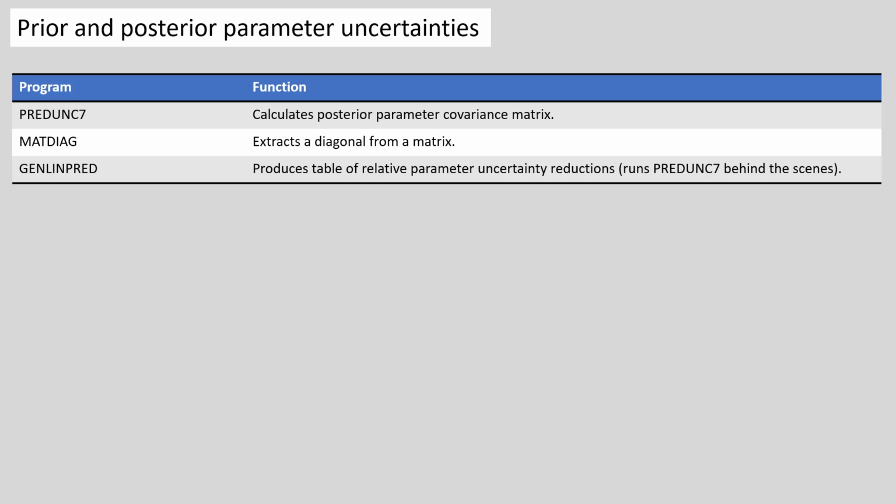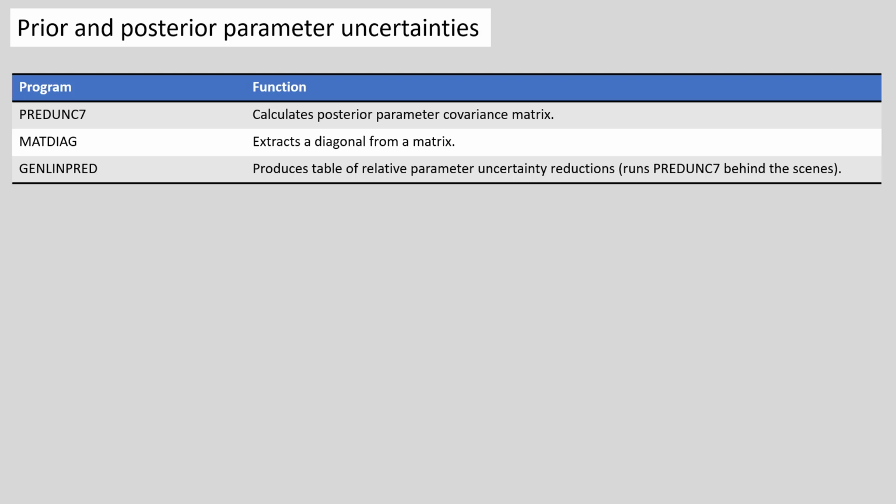Predunc7 reads a PEST control file and a JCO, a Jacobian matrix file, as well as the user-prepared prior parameter uncertainty file, which we described earlier. From those three files, Predunc7 obtains the matrices which we have described. It then writes a posterior parameter uncertainty file. Well, effectively it writes a posterior parameter covariance matrix.